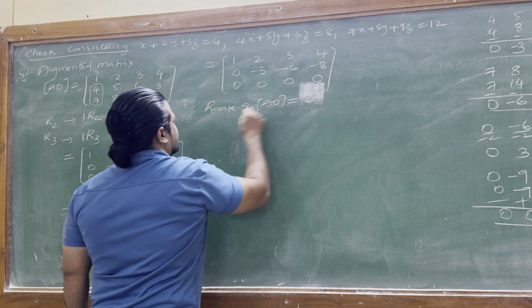So 2 non-zero rows are there, rank is 2. Leave the last column now. Then check whether this A has rank 1, 2. So A is also having 2 rank. If both ranks are equal, if not equal, inconsistent. If equal and that too it is equal to 2, equations are consistent.